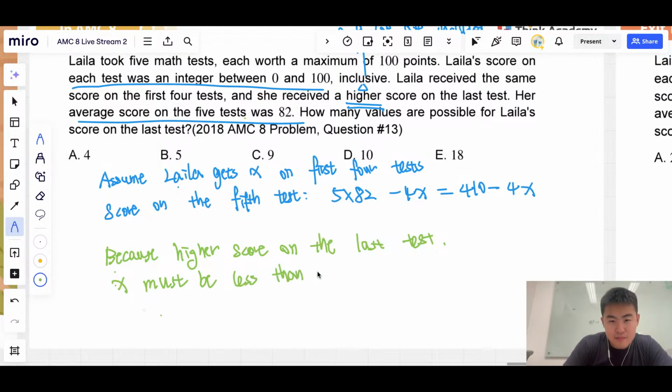Okay? Now, the next step is to consider that the score on the last test is 100 or 99. Why start from 100?